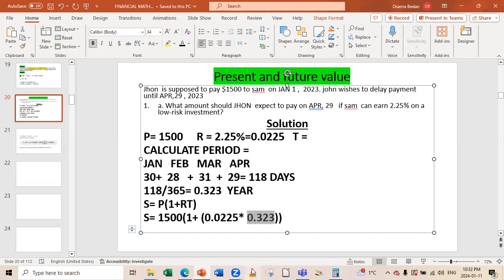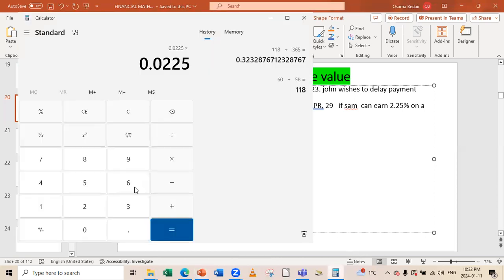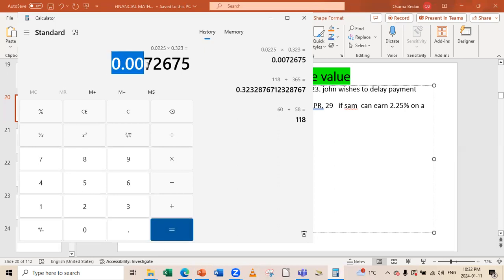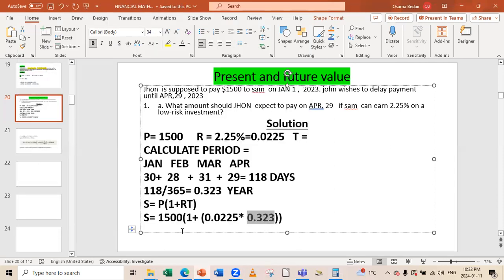Control C. Go back to the calculator and take this amount, Control V. That will equal 0.007.